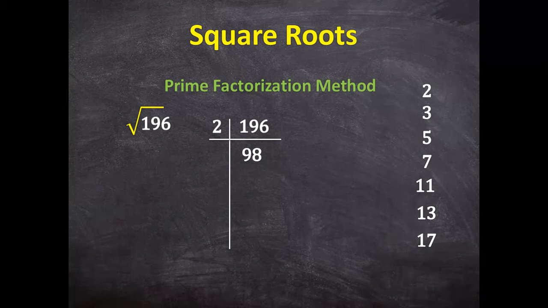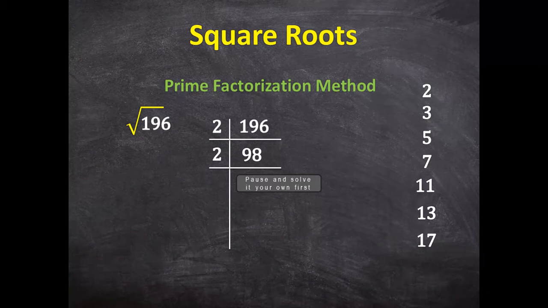So we write this quotient over here in the next row of our solution. Okay, we further divide 98. So again we start with the smallest prime number, that's 2. And since 2 again exactly divides 98, we write 2 again here and divide 98 by 2. And we write the quotient in the next row.